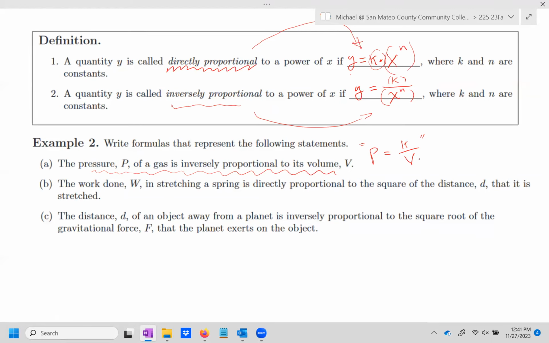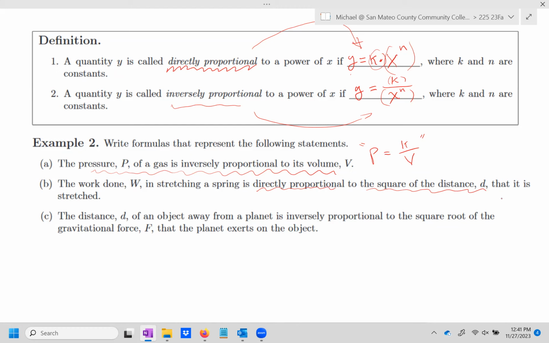The work done W in stretching a spring is directly proportional to the square of its distance, D. Because force times distance is work. Anyway, I was saying a slightly different formula verbally.